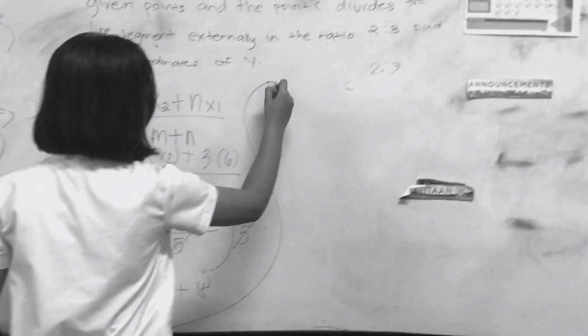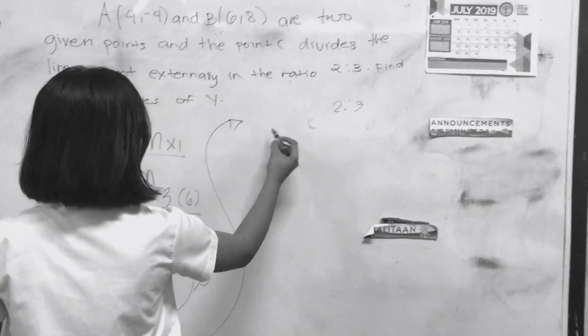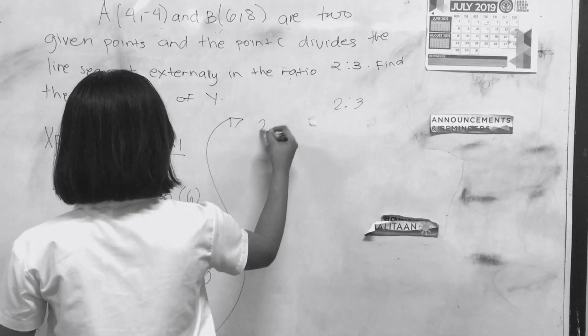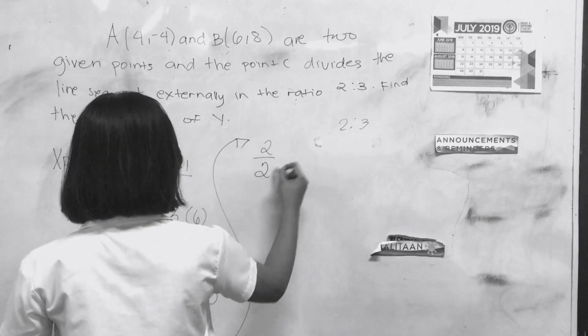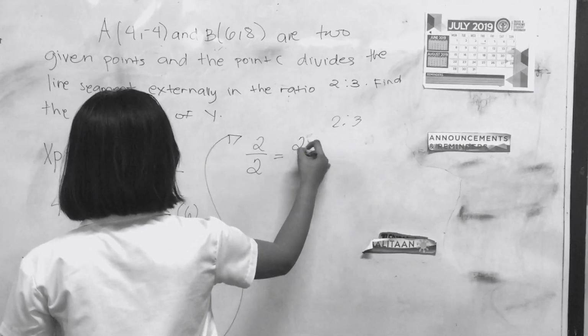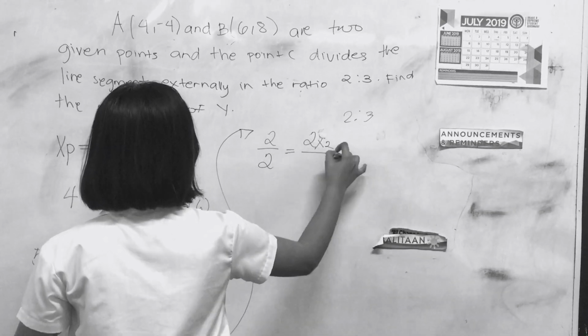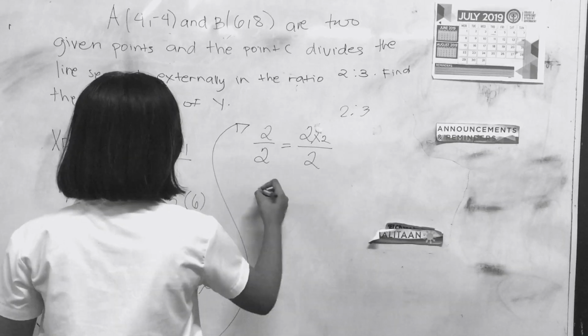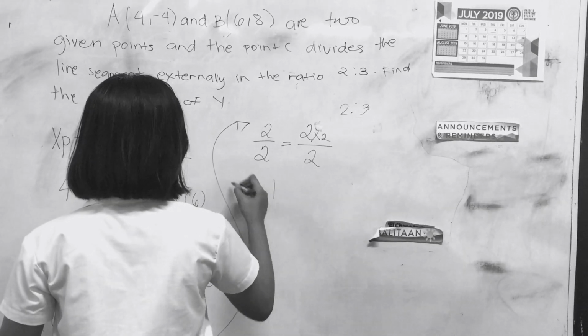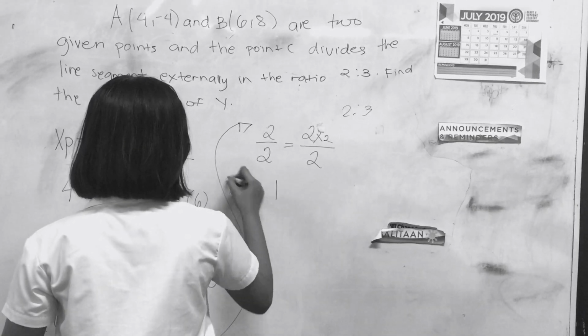To cancel it, divide both sides by 2. 2 divided by 2 is equal to 2 x sub 2 all over 2, is equal to 1. Our x sub 2 is 1.